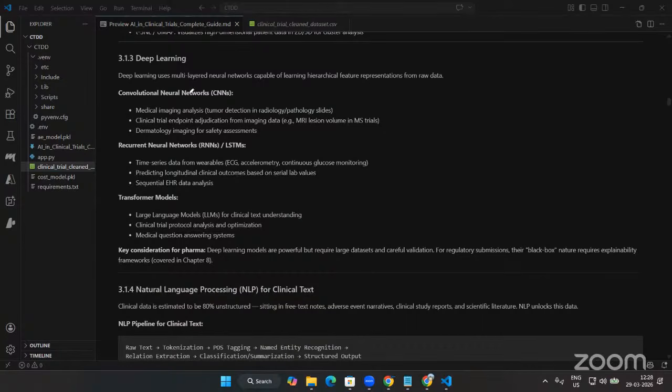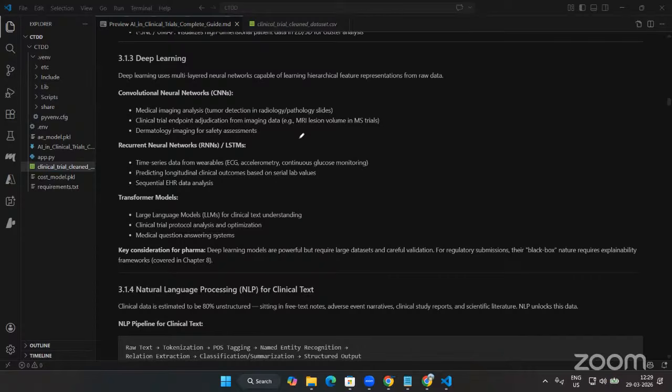The purpose of convolutional neural networks is to handle images. They broadly handle images. So these convolutional neural networks help in medical image analysis, tumor detection in radiology or pathology slides, clinical trial endpoint adjudication from imaging data.